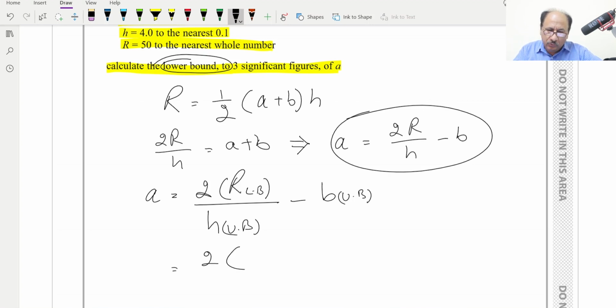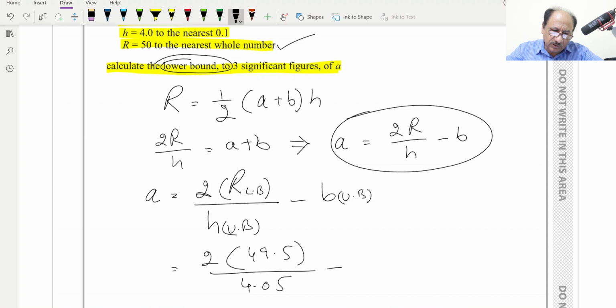2 into the lower bound of R. This is 50 to the nearest whole number, so we'll write 49.5. This will be the lower bound, and divided by the h value upper bound, which is 4, to the nearest 0.1, so it will be 4.05, and this will be minus the upper bound of b.